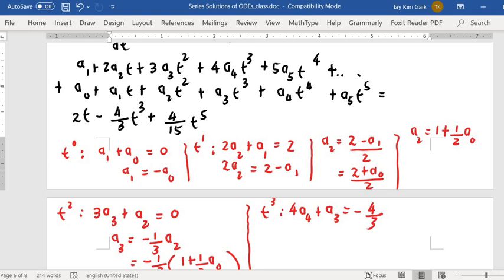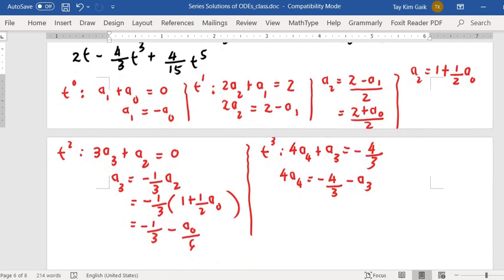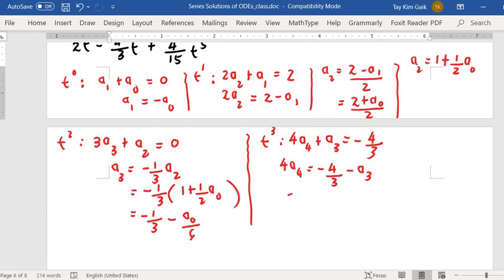Right hand side is negative 4 over 3. So solving for A4, 4A4 will be negative 4 over 3 minus A3. Okay, divided by 4.